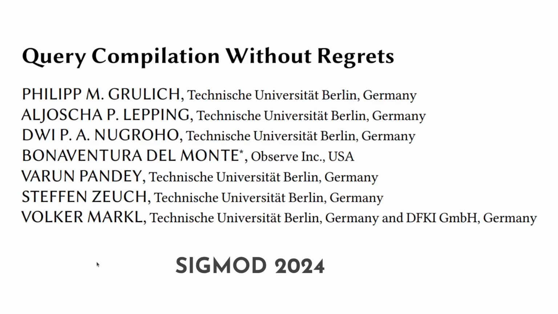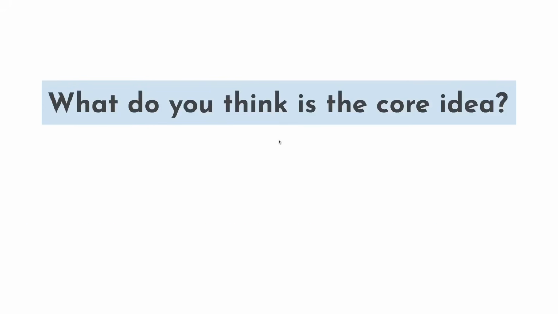So it wants to retain the independence and debuggability and the ability to think of operators independently that query interpretation gives you, but at the same time, they want to get the performance that you get from code generation. At this point, I think it would be a good exercise to pause and ponder the core idea, like how you could reconcile these two ideas.